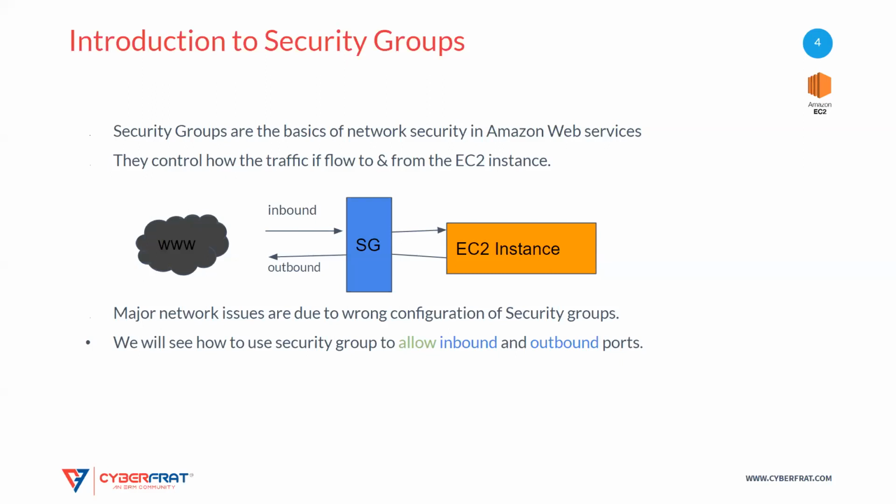Major network issues are due to wrong configuration of security groups. As you practice more, if one of your services is not able to talk to another service, or you are not able to access a server on EC2 or AWS, the first thing to do is check the security group configuration, because that is where most people configure it wrong, or some people just forget adding a few of the IPs.